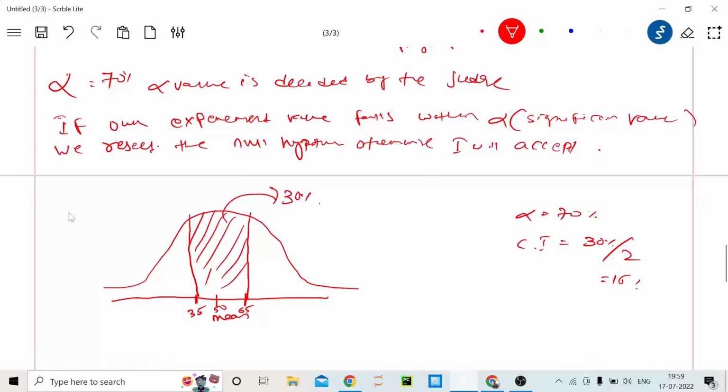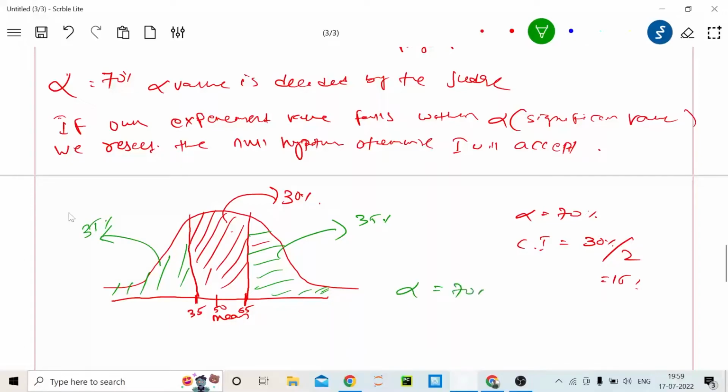Other values are on this side, 35%, and this side, 35%. Then our alpha value is 70%, and our confidence interval is 30%.